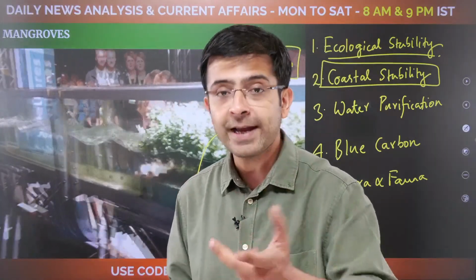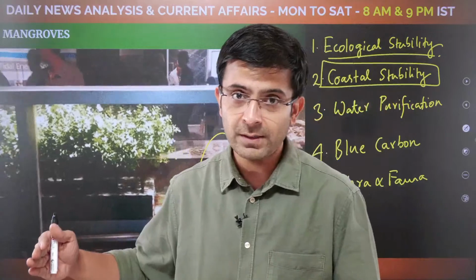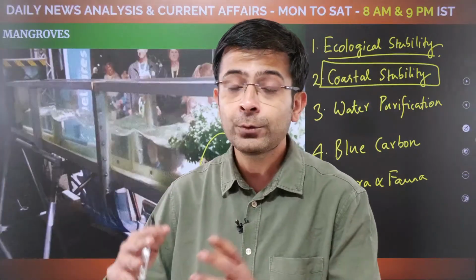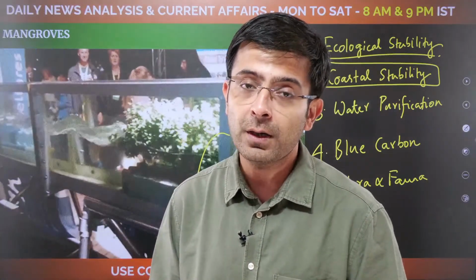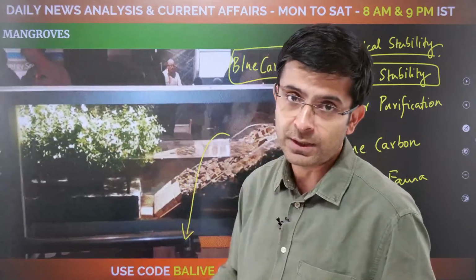Mangroves help in the purification of water also. Okay, their extensive root network purifies the water of pollutants, which is why they provide the suitable ecosystem for coral reefs. Okay, so a large variety of services are provided by the mangrove ecosystem.